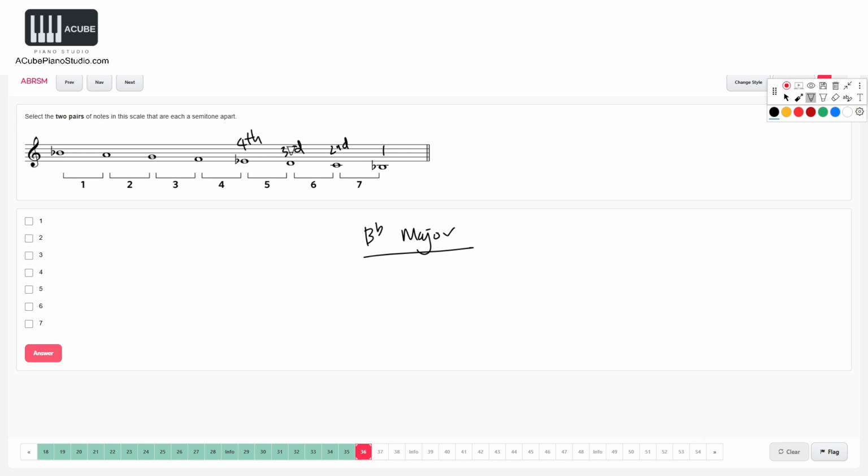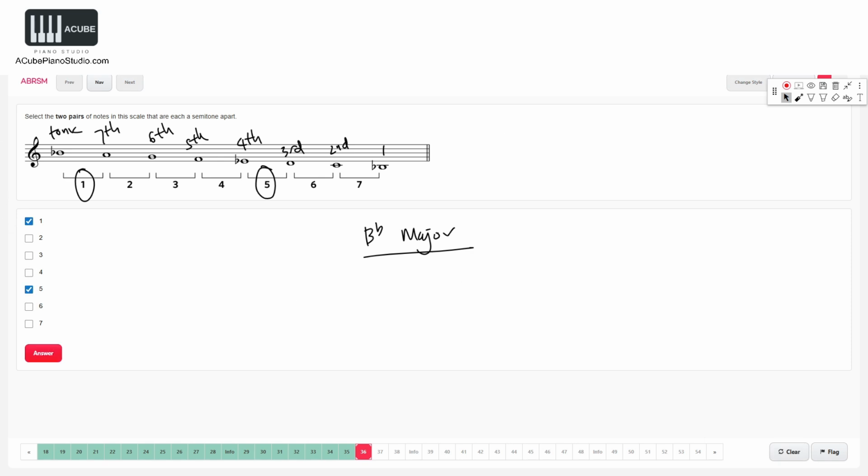So it's from the 3rd to the 4th degree where the semitone is. And then from the 7th to the tonic again is the next semitone. So if you memorize, it's from the 3rd to the 4th degree, and the 7th to the tonic, where you have the semitone. Okay? So it's at 1 and 5.